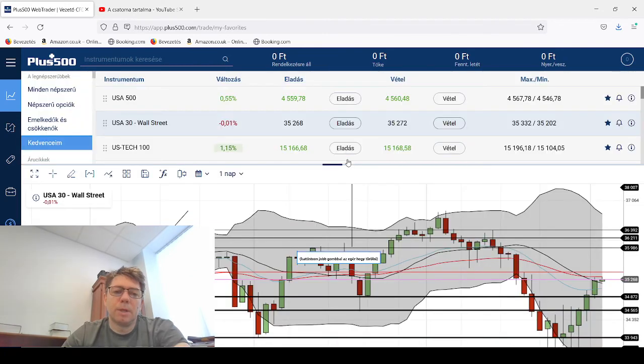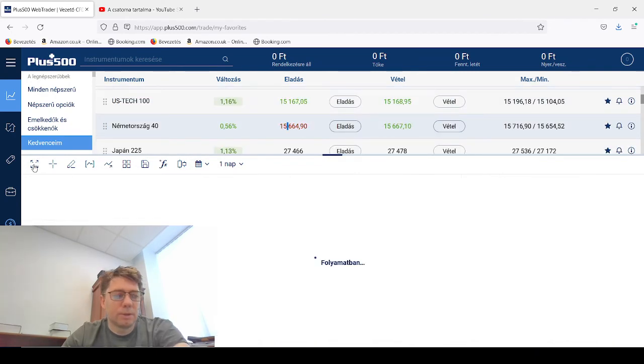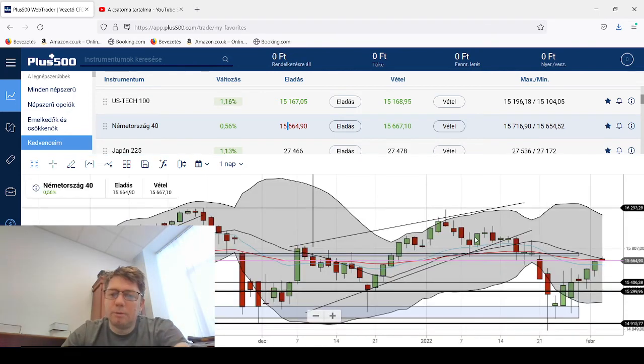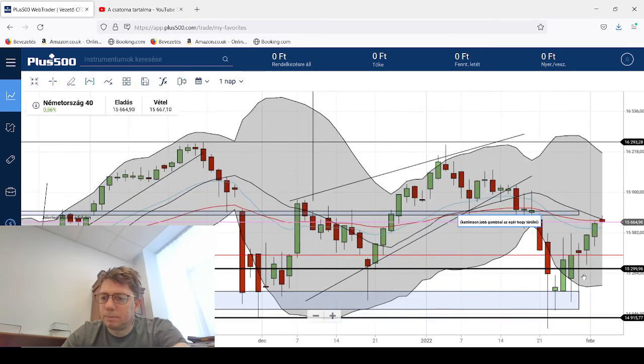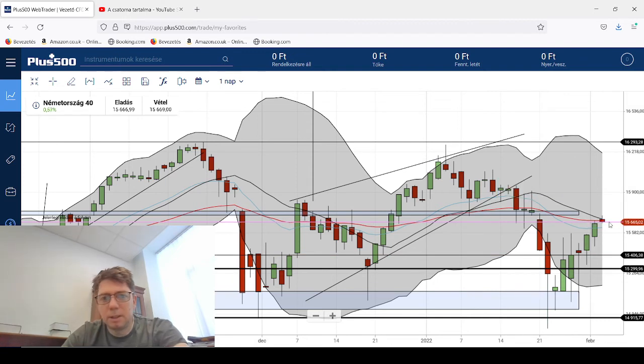Let's go over to Germany, see what's going on there. So this is the daily chart on the German index, and we have a little bit wedgy. So we are trying to get above the 50-day EMA.